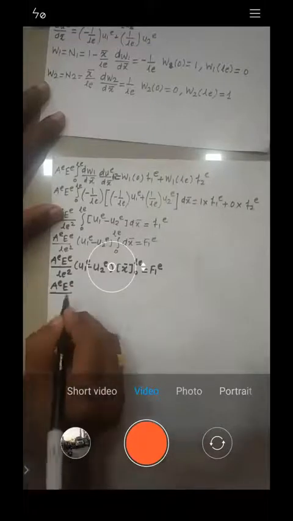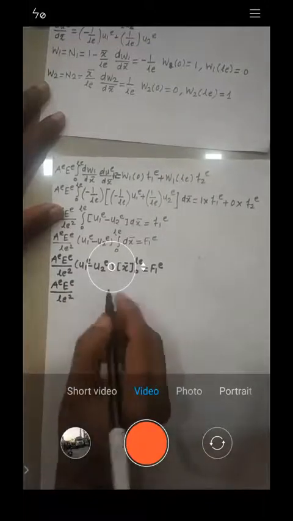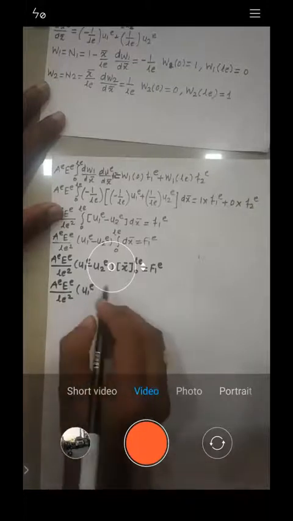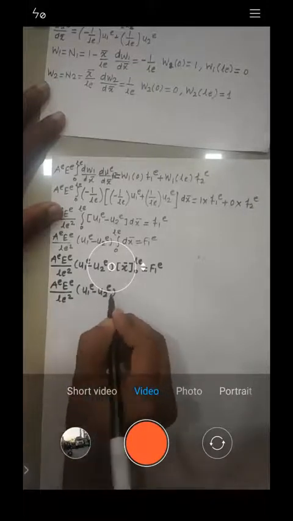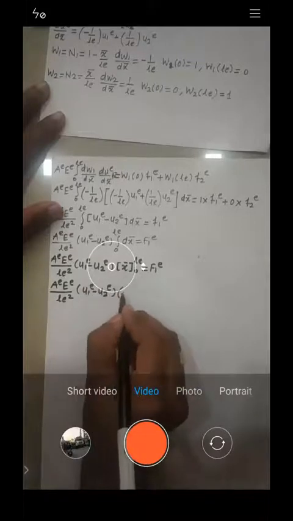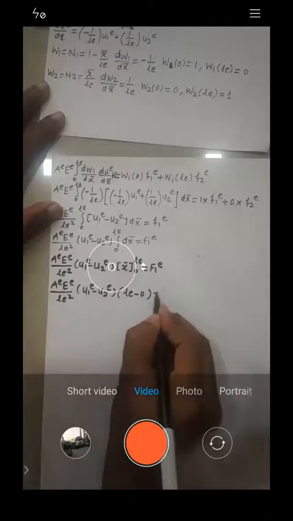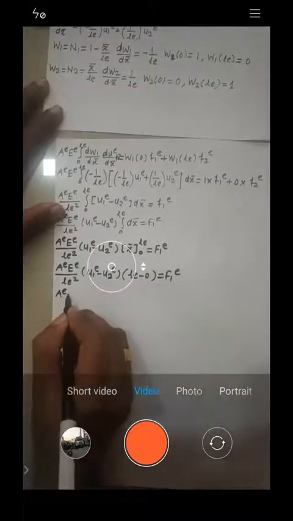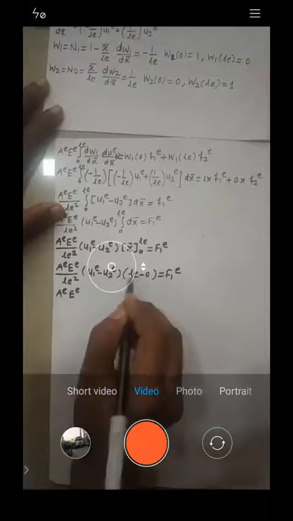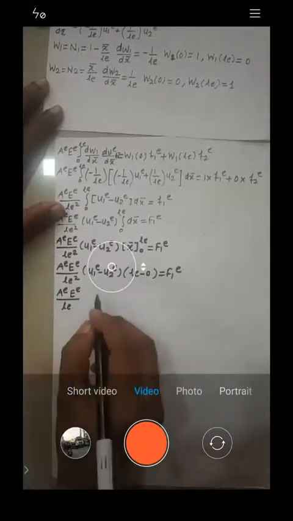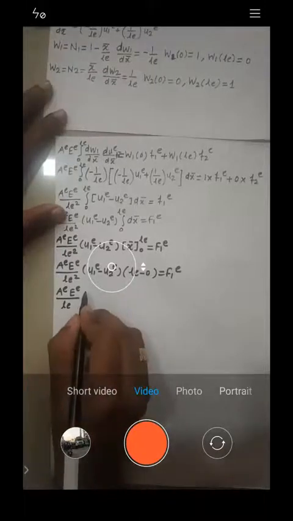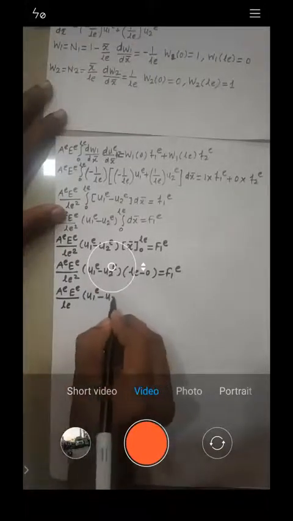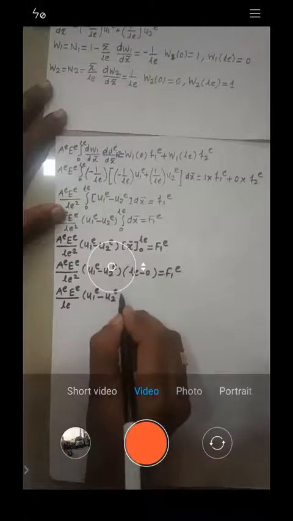AE, EE by LE square, U1E minus U2E, right? What is this? LE minus 0, na? Yes or no? Is equal to F1E. So what equation are you getting? AE, EE. See, this LE gets cancelled, divided by LE, right? Into U1E minus U2E is equal to F1E. Is it okay? Is it okay or not? Let me know. Yes, sir.